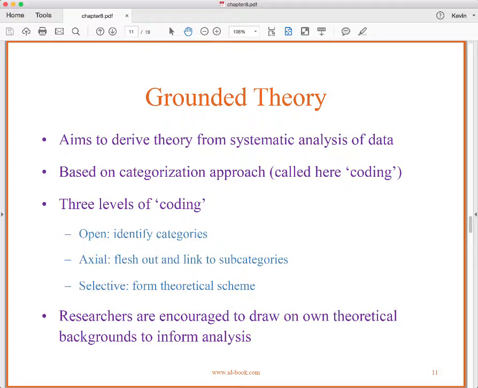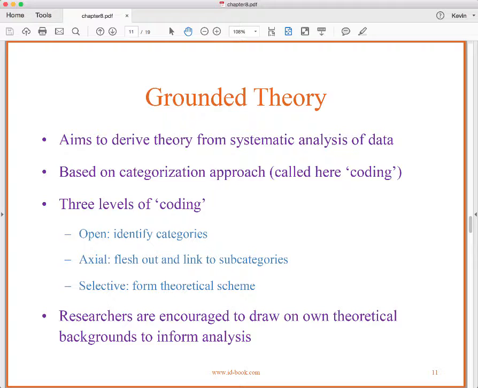And in grounded theory, we've got 3 levels of coding. We've got open coding, axial coding, and selective coding. In open coding, we are identifying the overall categories. In axial coding, we are fleshing out and linking categories and subcategories to each other.